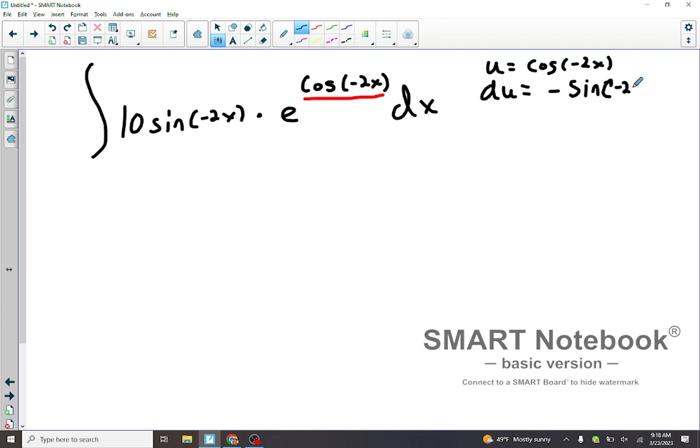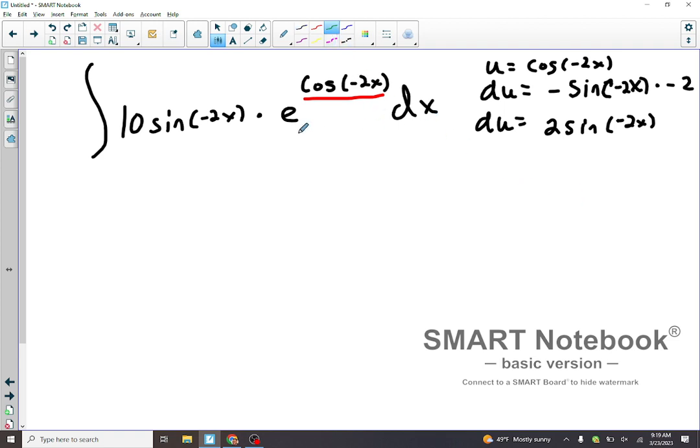Negative sine of negative 2x. But we have something inside the sine, so we have to multiply by the derivative of the inside. That's the chain rule from a long time ago. So what's the derivative of negative 2x? Negative 2. So I'm going to rewrite this as du equals positive 2 sine negative 2x.